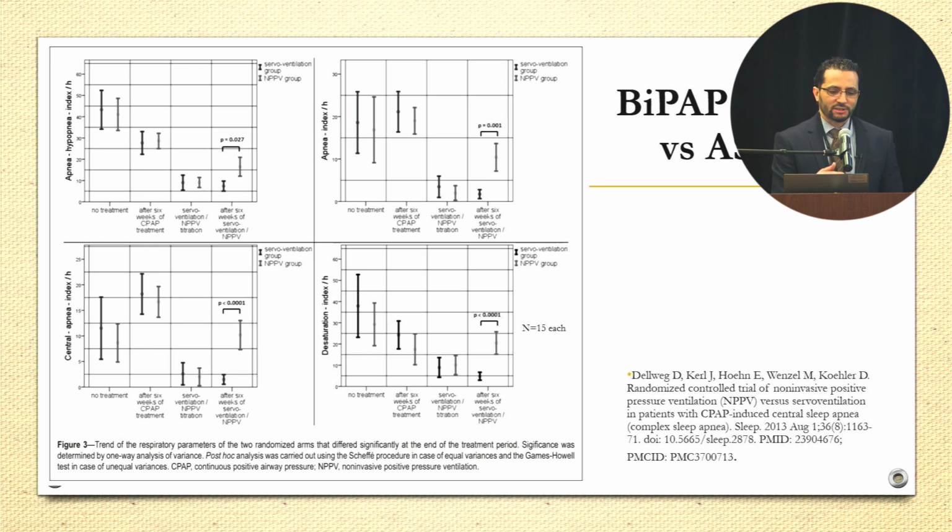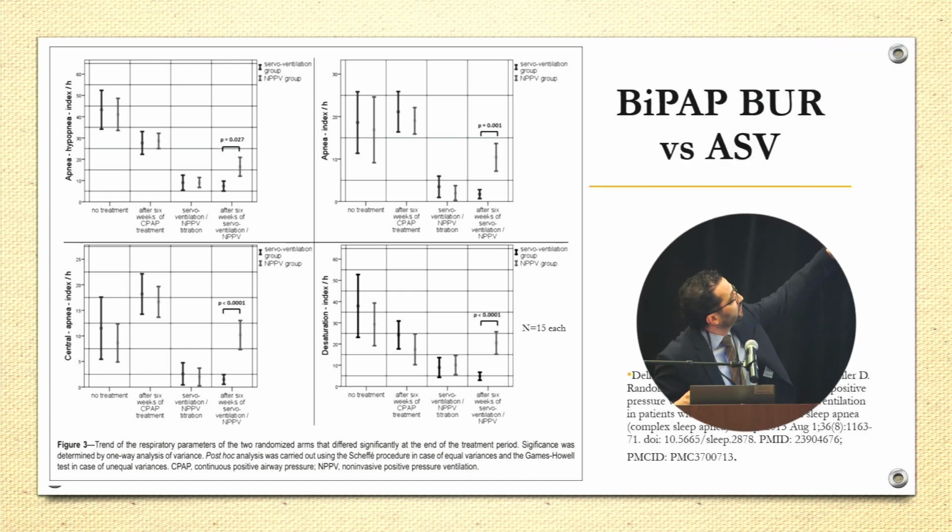This is a comparison study between BiPAP with backup rate and ASV. I'm sorry if it is not very clear here, but this is the initial apnea-hypopnea index, then the central apnea index.